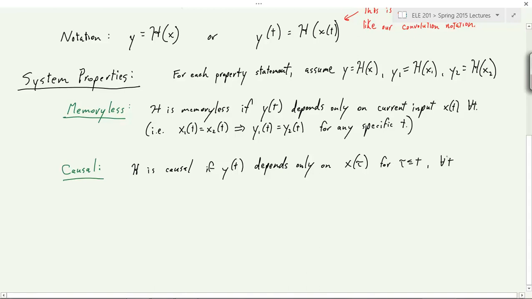And this has to be true at any point in time. The output at any point in time has to just depend on what happened to the input up to this time. So it has this intuitive notion of causal, things that happen in real time. So you can think of a causal system as sort of a real-time system. It means that you can't have future inputs affecting the current output. You can't have things happening backwards in time.